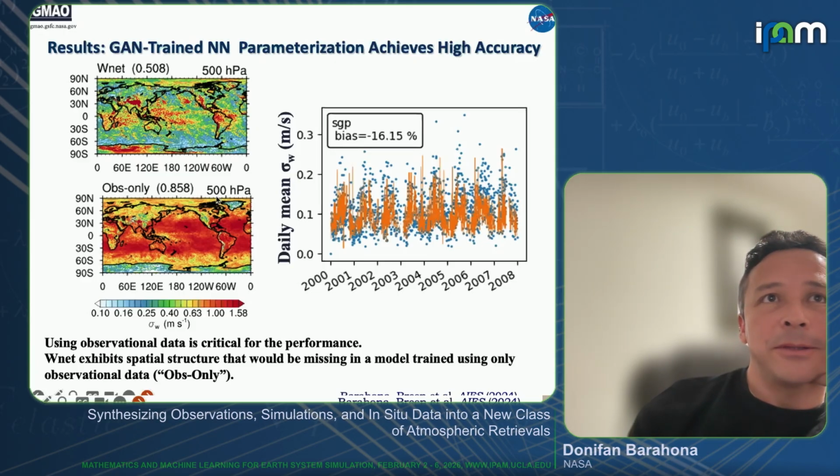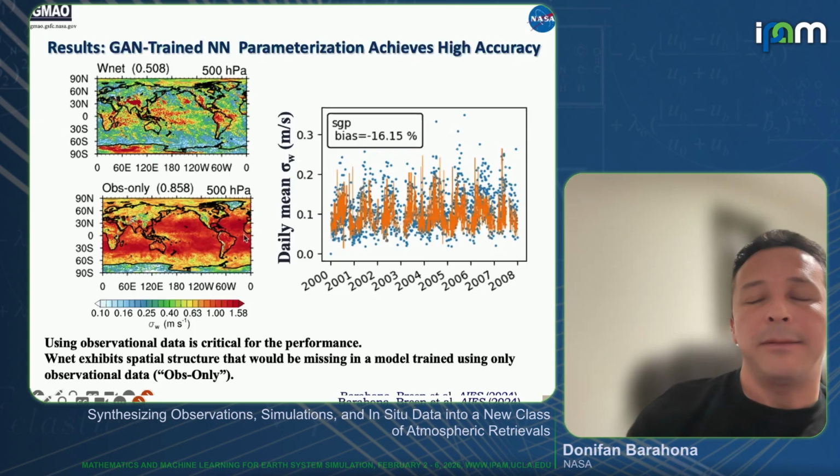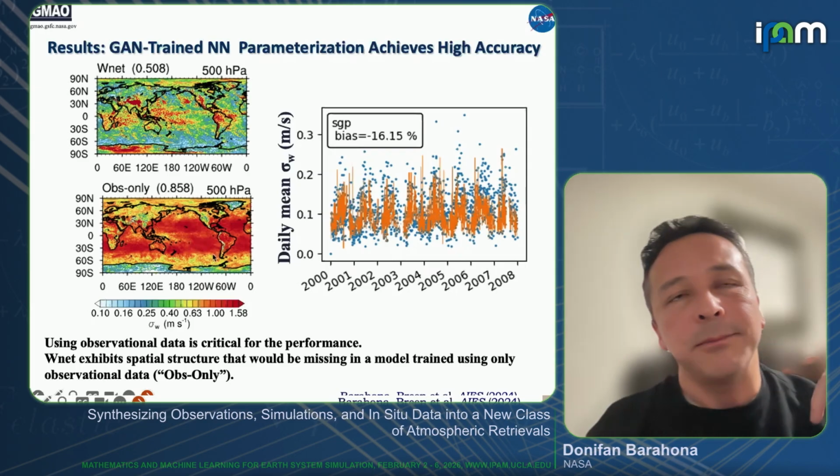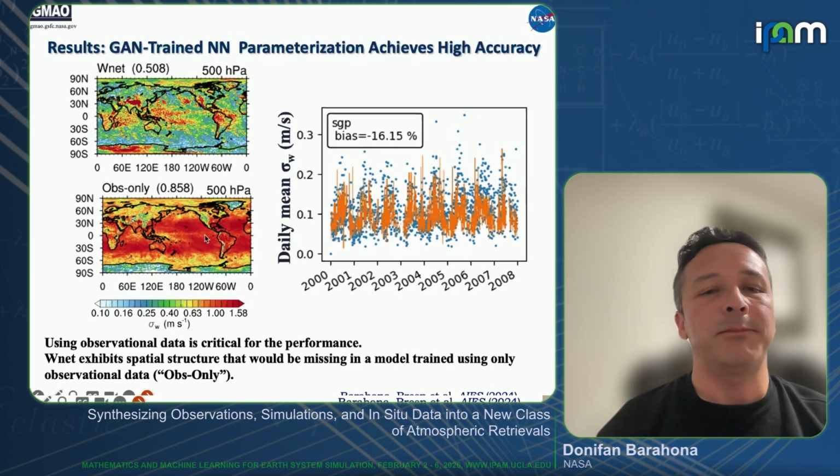But what we saw also is that, let's say we take that initial step, where we train on the simulations first, out of the equation, and we just train on the sites, on the actual ground-based observations that we have. If we do that, then we end up with only this kind of thing. That's because this feature structure is very important.